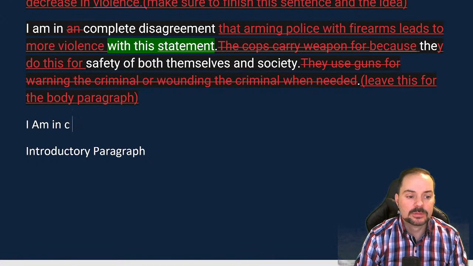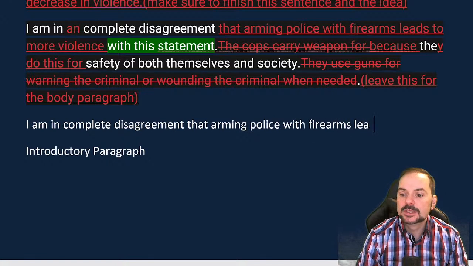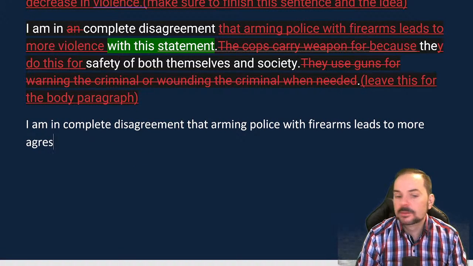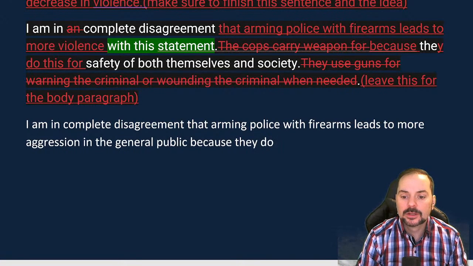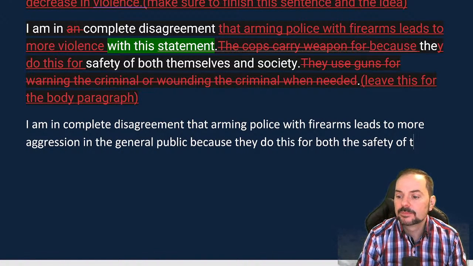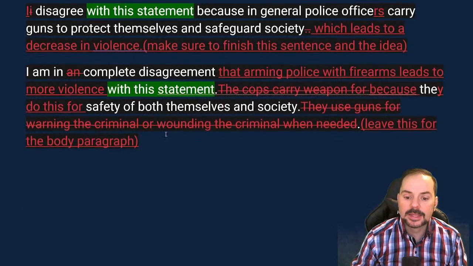I am in complete disagreement that arming police with firearms leads to more violence, or if I want to be really fancy here, I can say more aggression in the general public, because they do this for both the safety of themselves and society.